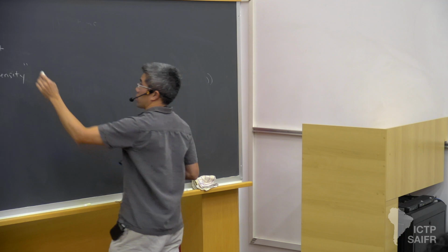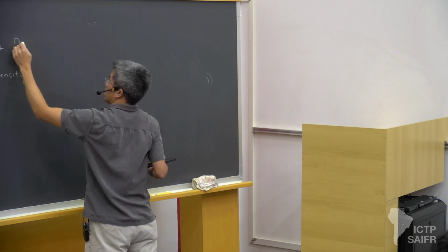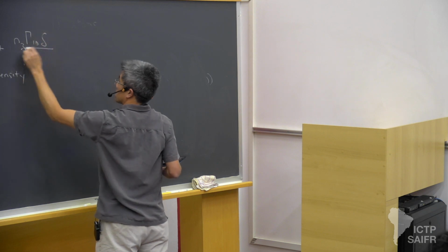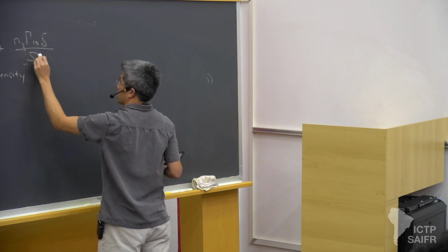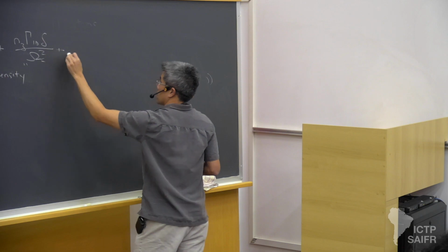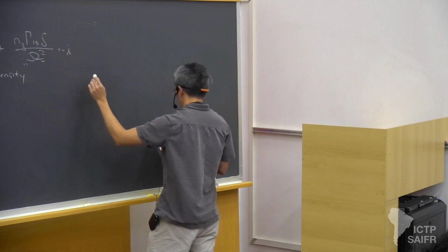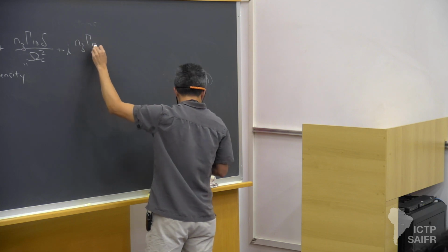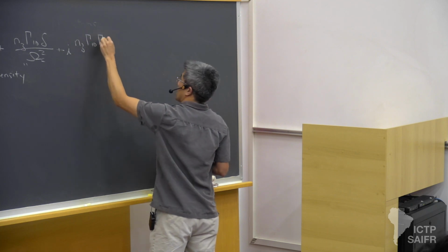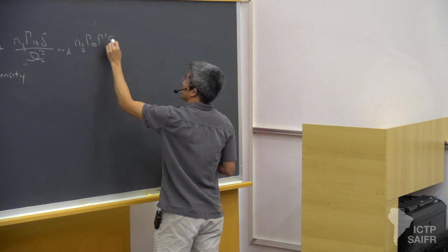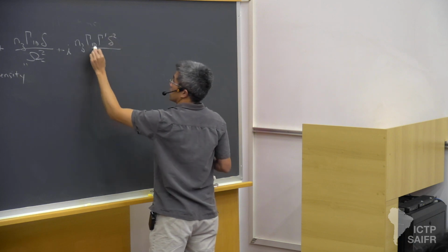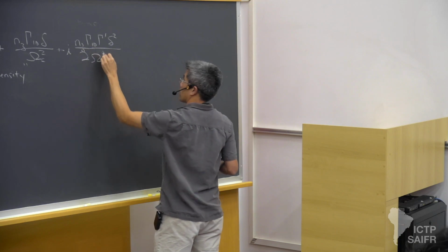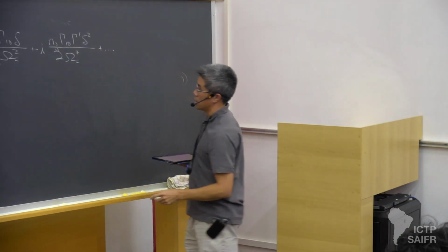Then if I start expanding further, I'll get a term proportional to density times gamma 1d times delta over omega c squared, plus i nz gamma 1d gamma prime delta squared over 2 omega c to the 4th, plus dot dot dot.